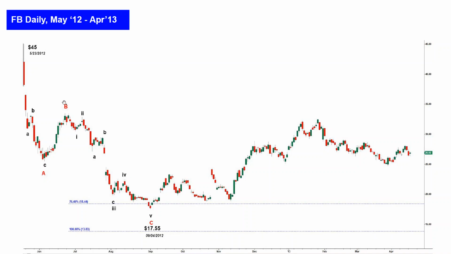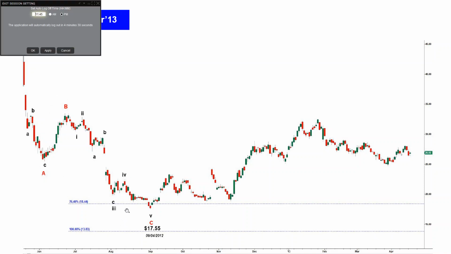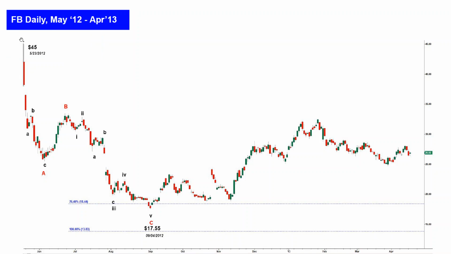An impulsive structure means that it is subdivided into 5 smaller waves, 1, 2, ABC of 3, 4, and the 5th wave, which together composed a corrective structure ABC. As a result, the price dropped from $45 to $17.55.